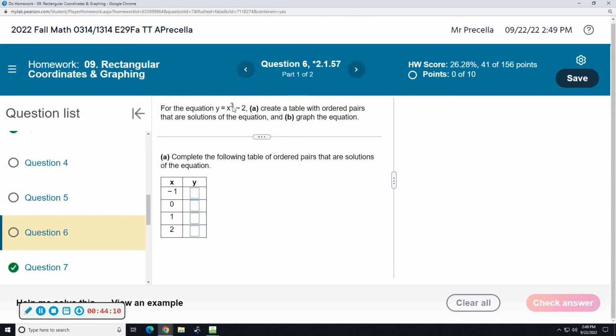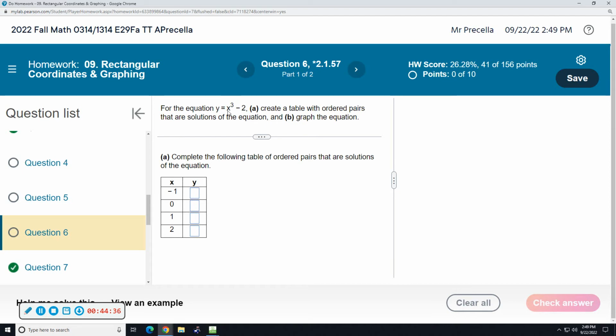Quadratics have x squares, cubics have x cubes. Notice something. They're giving you a table to complete, and in this case, they're going to need you to fill in 4 ordered pairs. To graph a cubic using the cubic tool in MyLab, it requires 4 ordered pairs, and they've given you some pretty easy x values to plug in.